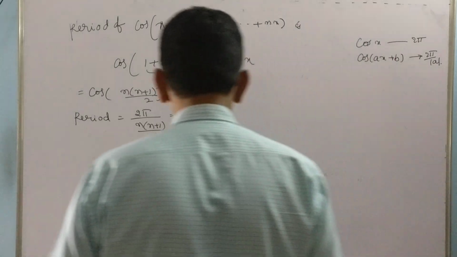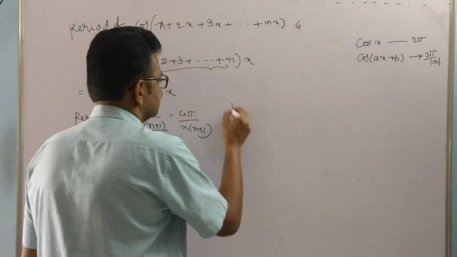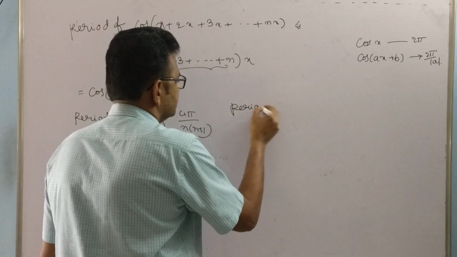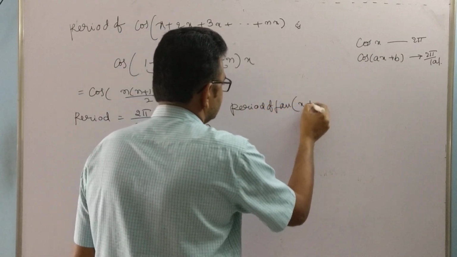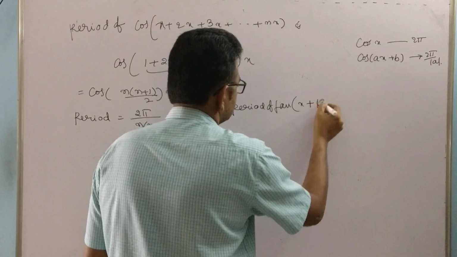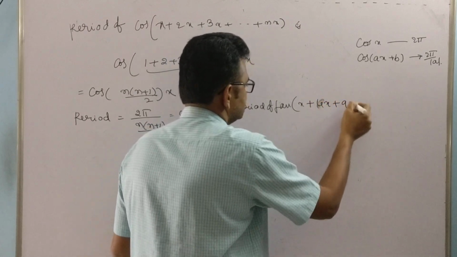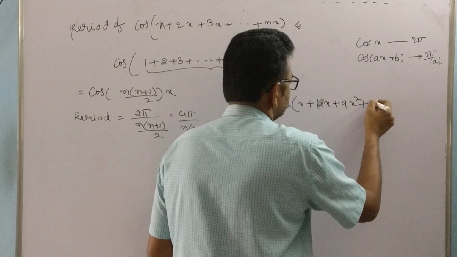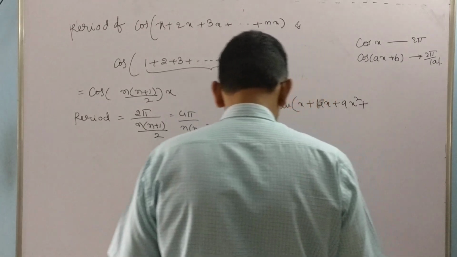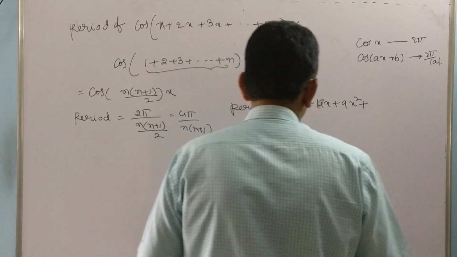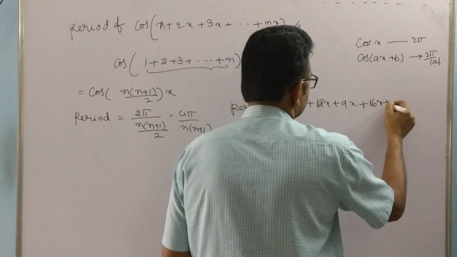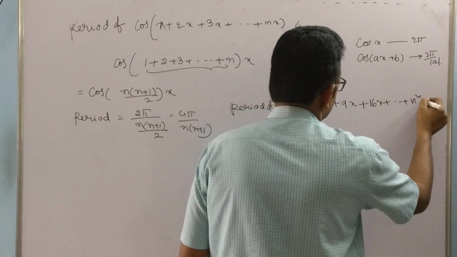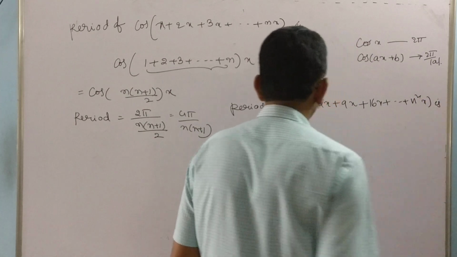Next one, the period of the function tan of x plus 4x plus 9x plus 16x and so on n square of x.